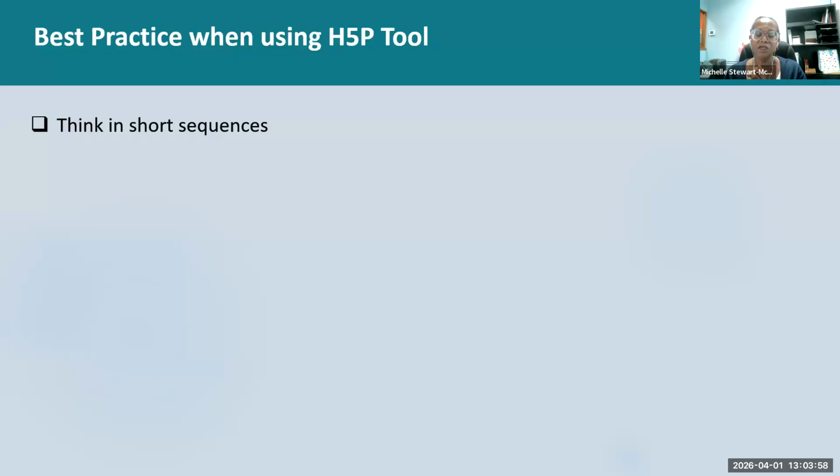Now, when we think of the H5P page, there are a couple of other things that we need to think about. We need to ensure that when we're setting this up for our students, we think in short bursts. We call it chunking.